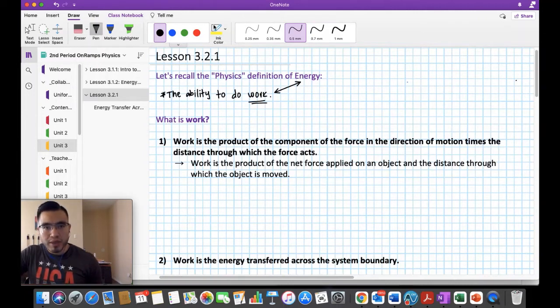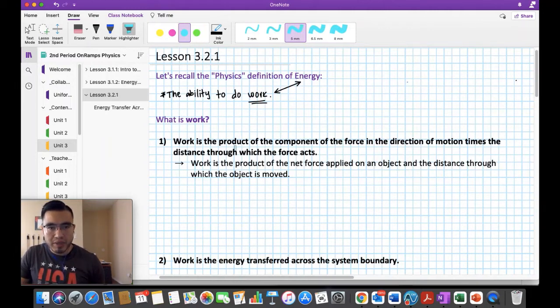Before we see what this means, I'm going to highlight words that I'm confident everyone knows. Product, we know it's going to be multiplication, right? Component, vector, right? Don't forget we had components of vector. Force, direction.